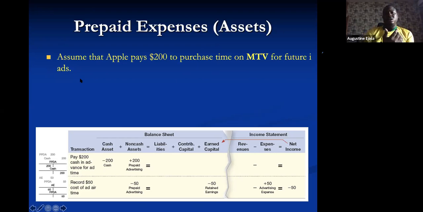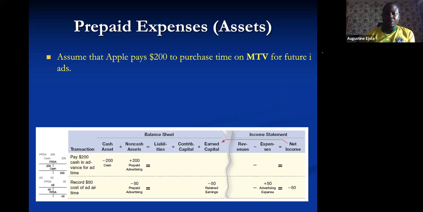Assume that the question here says, assume that Apple paid $200 to purchase time on MTV for future adverts. So they have paid 200, let's say 200 million, to purchase advert time. It means that the money will leave the account.